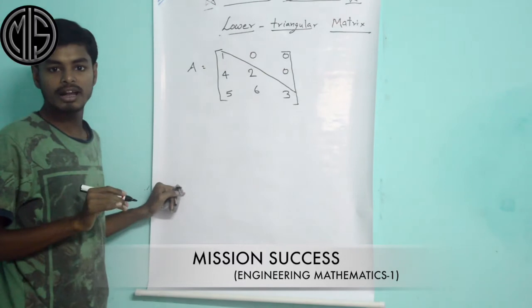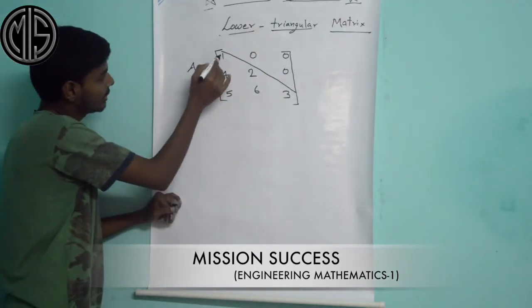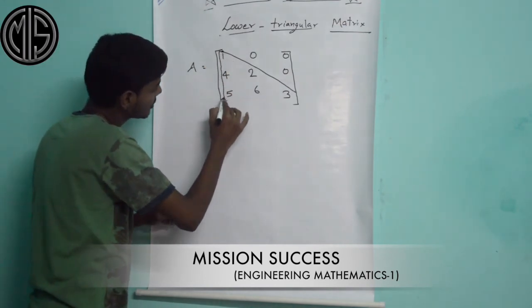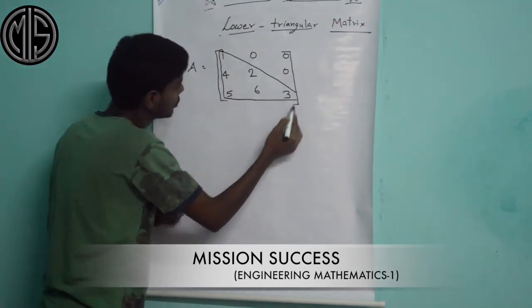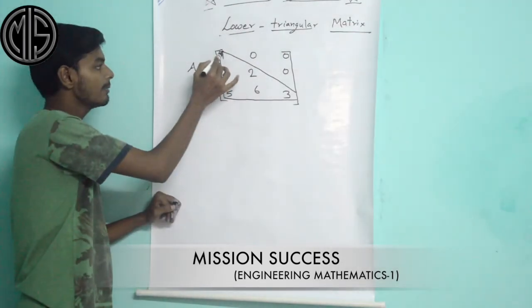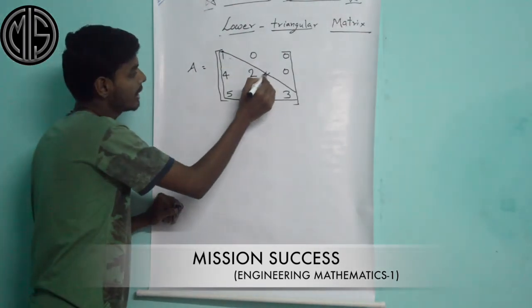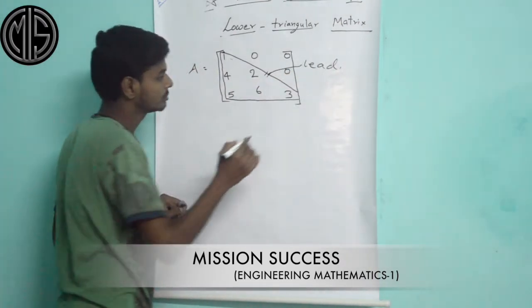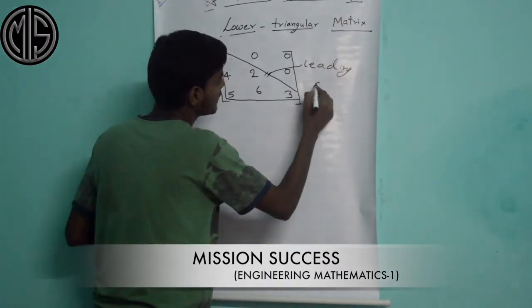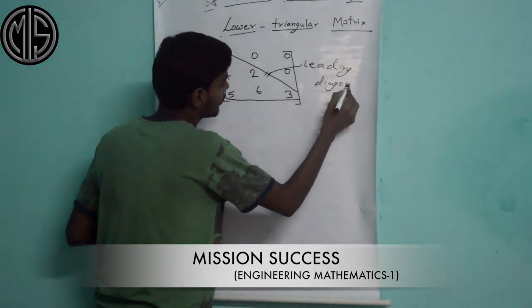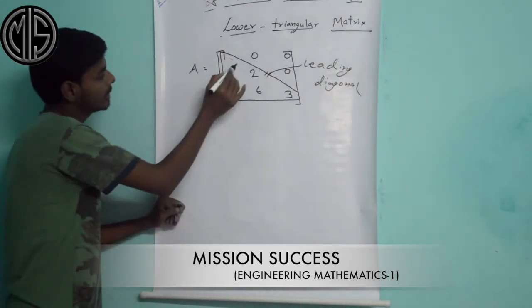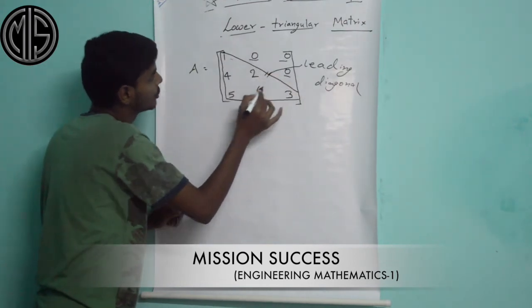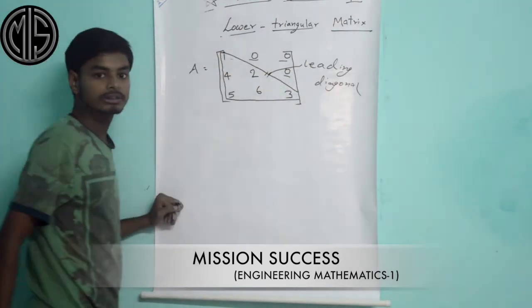In lower triangular matrix, we can see the matrix looks like a triangle. Here, above the leading diagonal elements, this is called the leading diagonal. I already discussed below. And here, above the leading diagonal elements, all the elements are 0. This is called a lower triangular matrix.